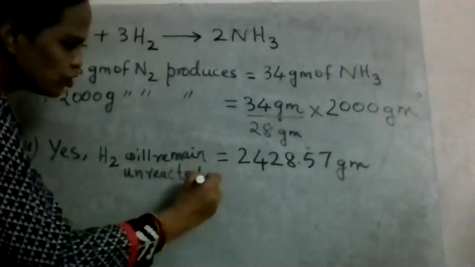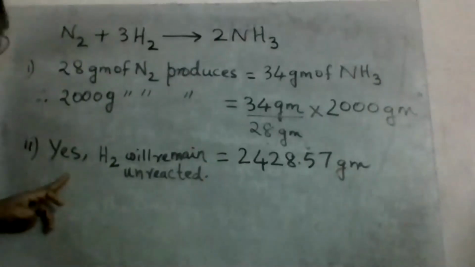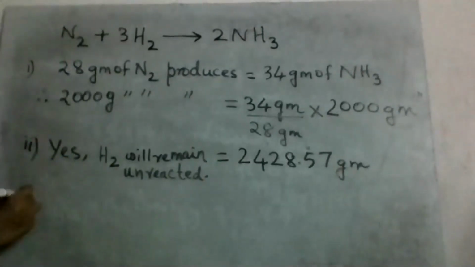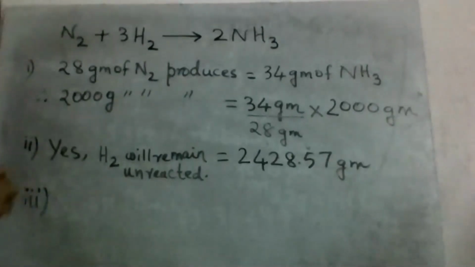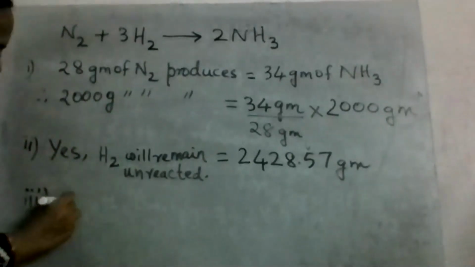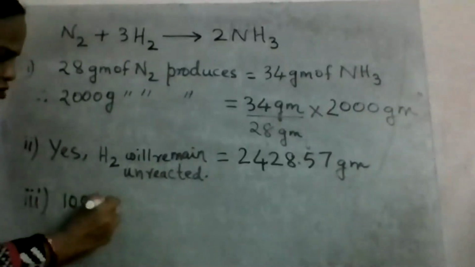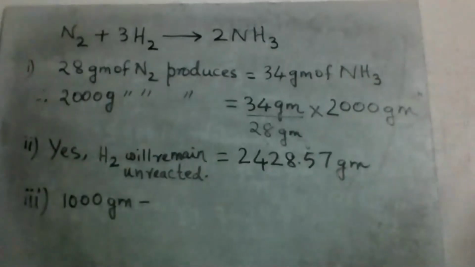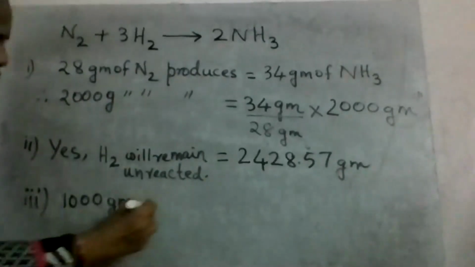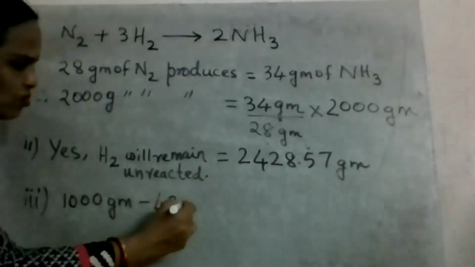And the third part of the question is, if yes, by how many grams? So you need to subtract. 1000 grams of hydrogen was given in the question, and on solving, only 428.57 grams are reacting.